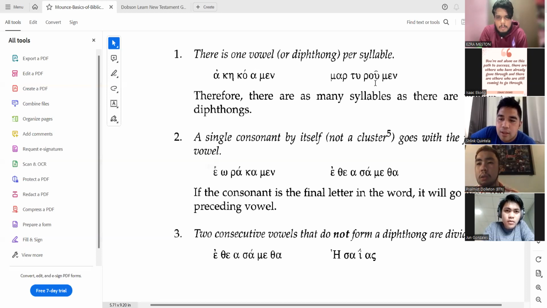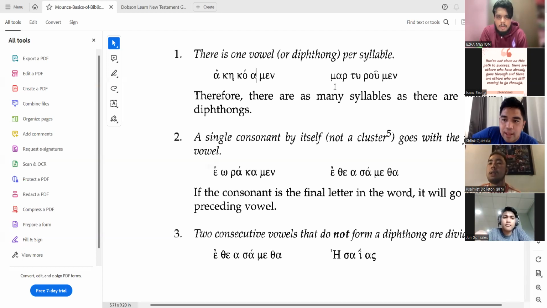Like I said, it's like vibrating. Martu. Ro. If it's not a circumflex, you just sound it as ro. But it's ro. And then similar to the ending, men.